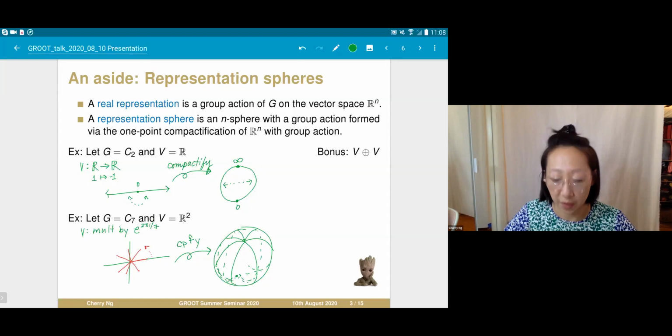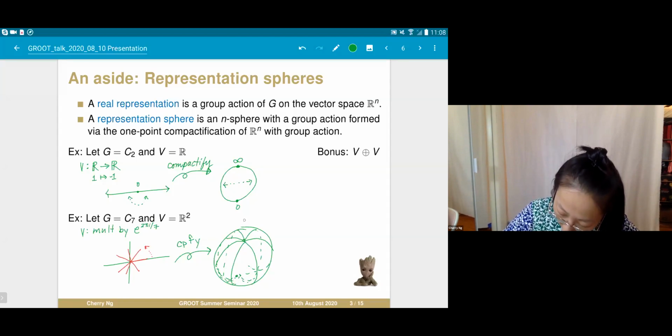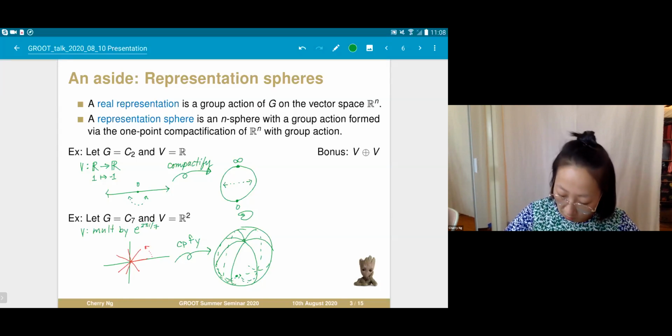Looks like an orange. And the action of the group is to rotate this sphere. All right.